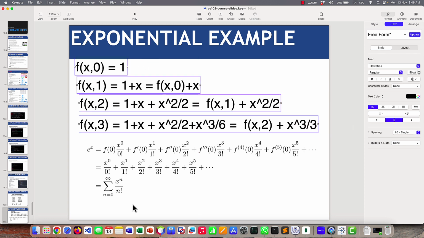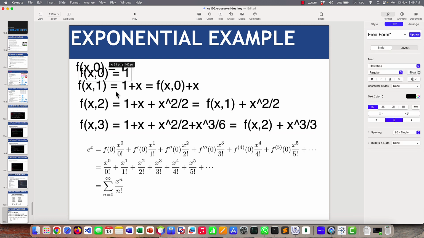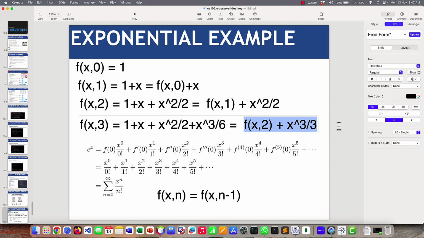Last step. Now if I give you f(x, n), it's going to be f(x, n minus 1). 1 plus x is always repeated, so it's just f(x, 1). Now f(x, 3) equals what? f(x, 2), this is the pattern. f(x, 2) is equal to f(x, 1) plus an additional term.